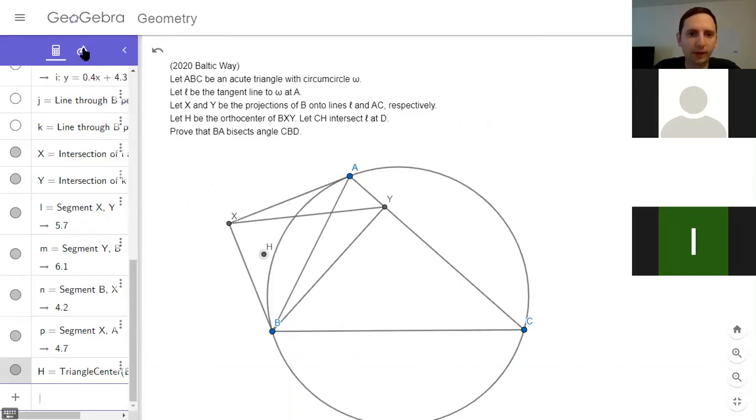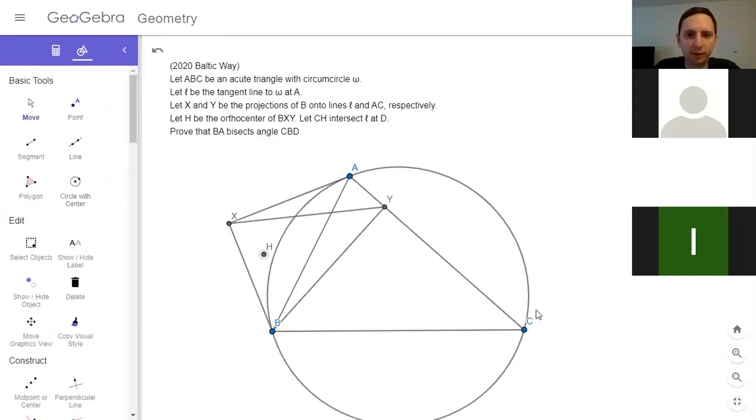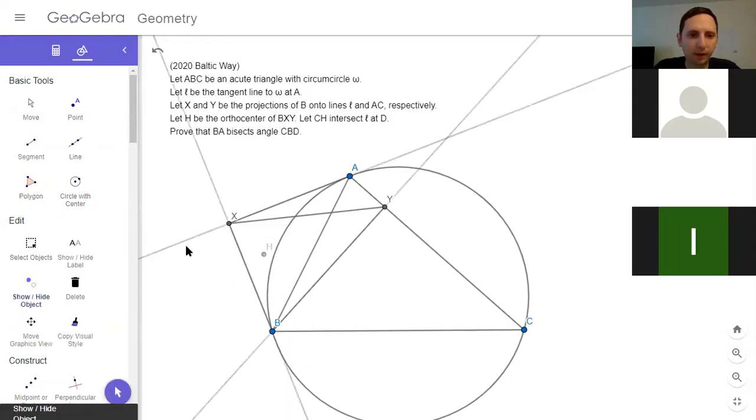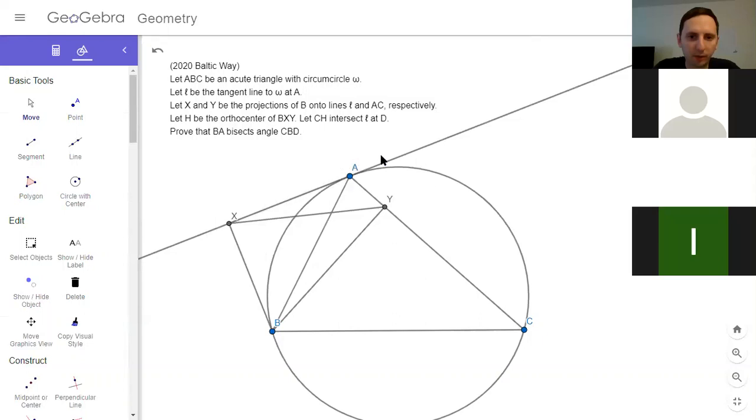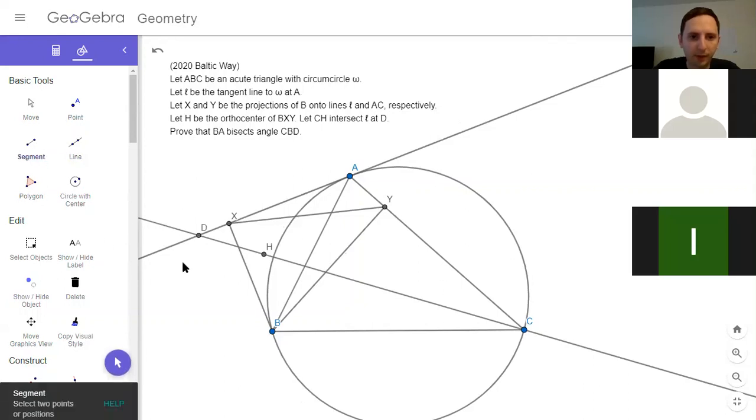Oh, first I have to define D. So CH intersects the line at D. Let me do this. Whoops, I didn't mean to. All right, we want to show BA bisects CBD.